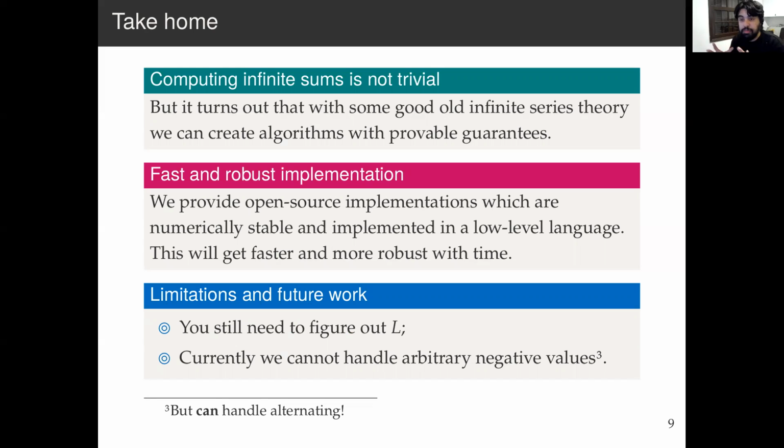All of these functions have bespoke approximations, but then you have to invest a lot of time trying to get that approximation in the first place. So that's not a trivial thing, but with a little bit of elementary theory from infinite series, we can propose algorithms that are numerically stable and have provable guarantees, right? And we've provided both R and Stan implementations that are fast and robust. Summer is all implemented in C, so it's quite fast to use.